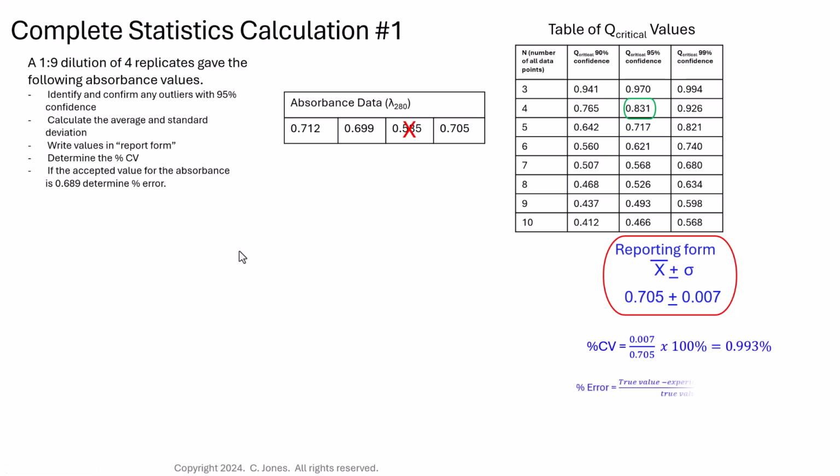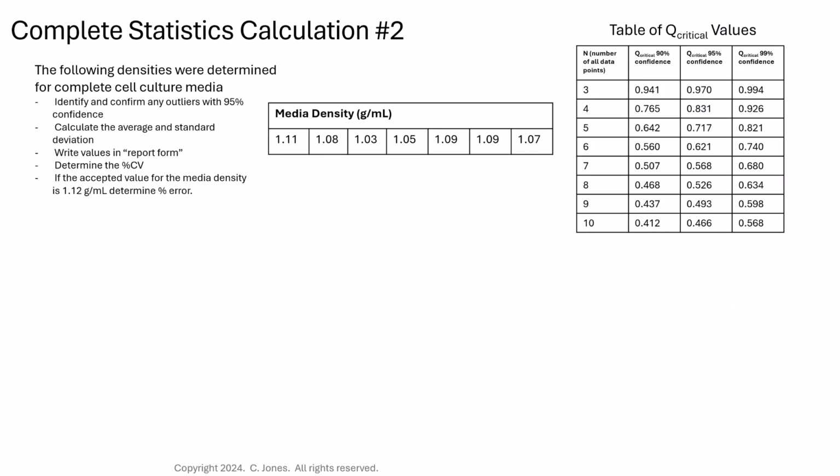So we're going to plug this into our percent error equation, true value minus experimental value, divided by the true value times 100%. And when we do that, our percent error is minus 2.32%.